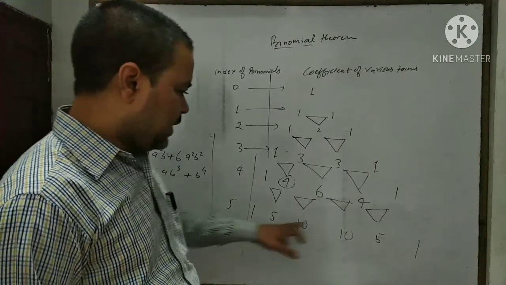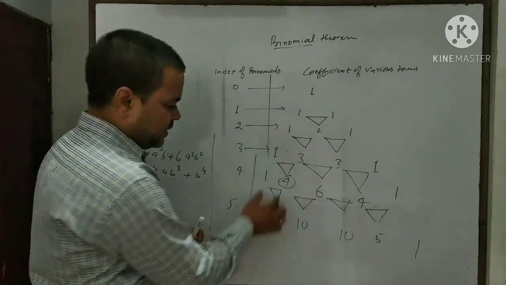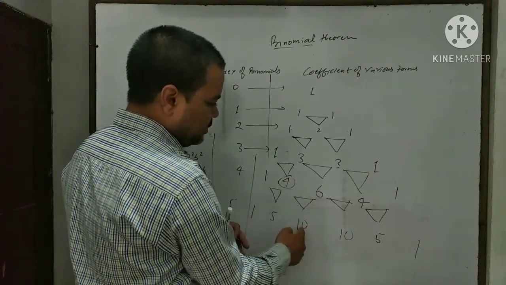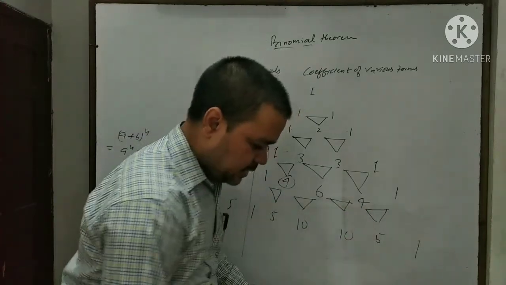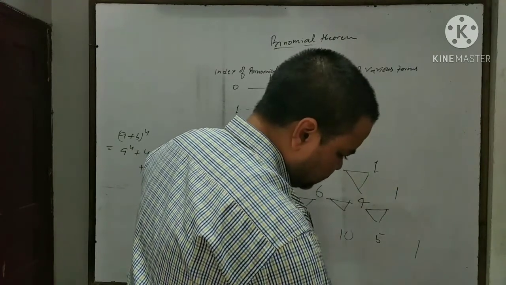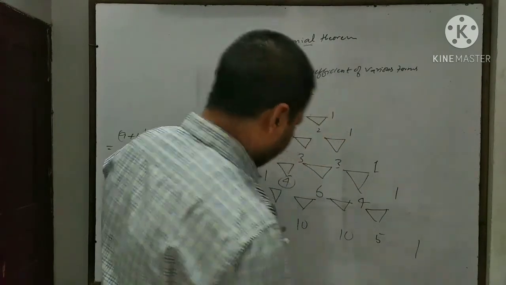The starting and ending coefficient should be 1, and after that we add the previous ones: 4 and 1 is 5, 6 and 4 is 10, 6 and 4 is 10, 4 and 1 is 5, then 1. This represents the index. It means if we have the index as 5, then it will be 1 5 10 10 5 1.